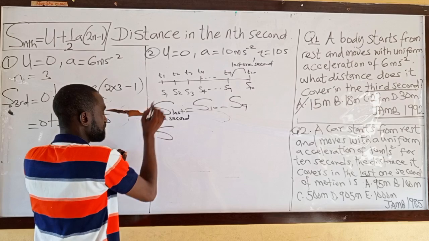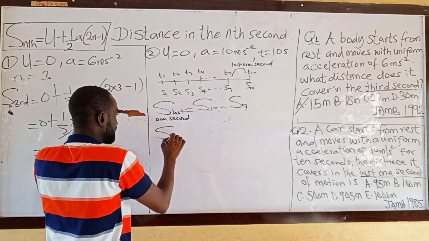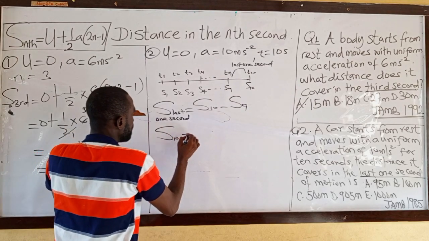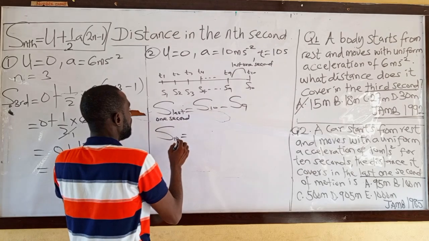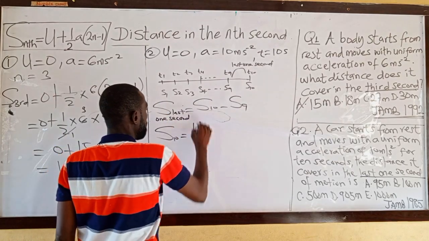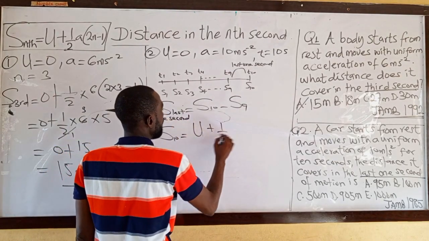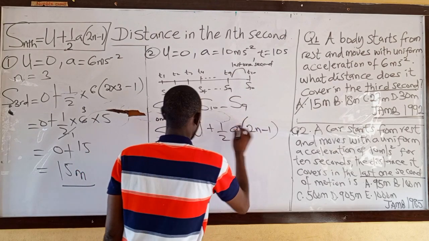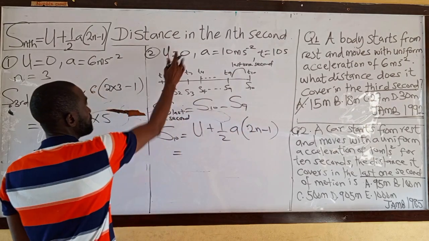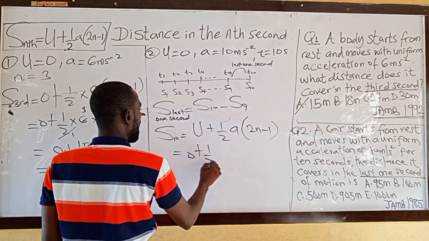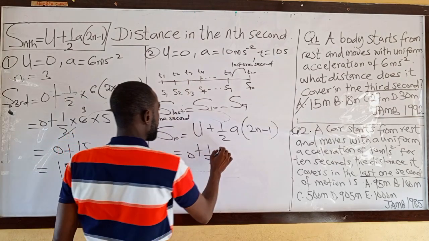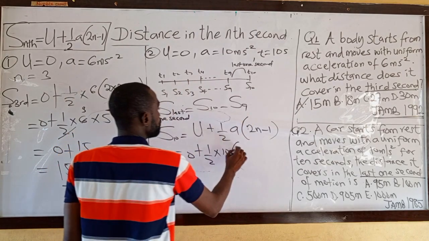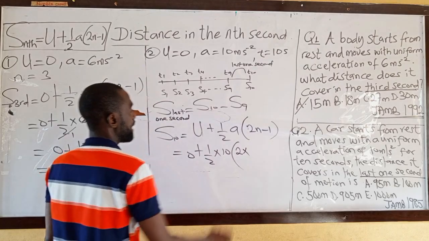Let's use this formula: S in the nth second equals u plus a over 2 times (2n minus 1). Our n is 10, our u is 0, and our a is 10.